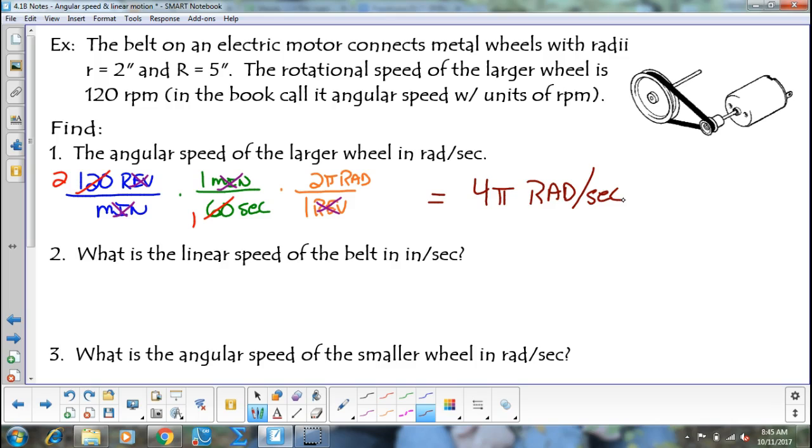So the linear speed then, I would take that 4 pi radians per second, and I would multiply that by 1 radian is how many inches? Radius of the larger wheel, 5 inches.